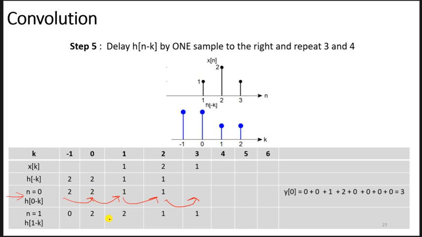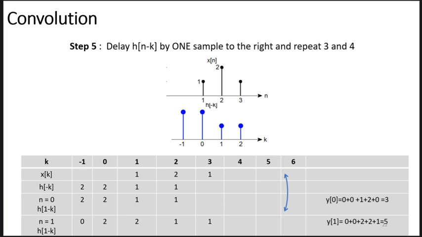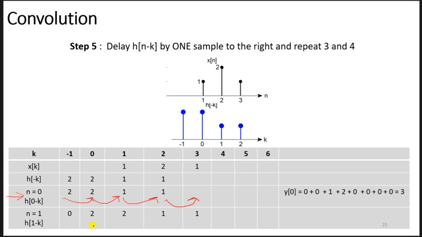Alright, so once you have moved it to the right, what else do you have to do? You have delayed it, and then you multiply, then you add. So when you shifted, it is one sample of delay, so you write one.